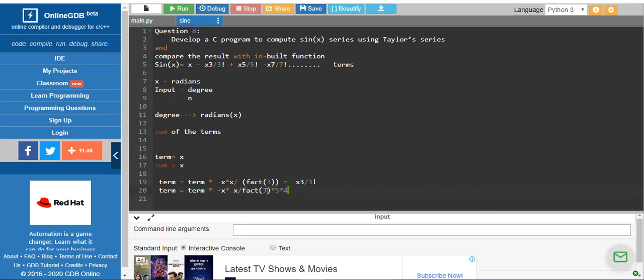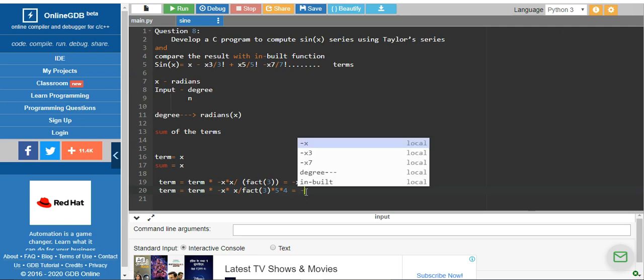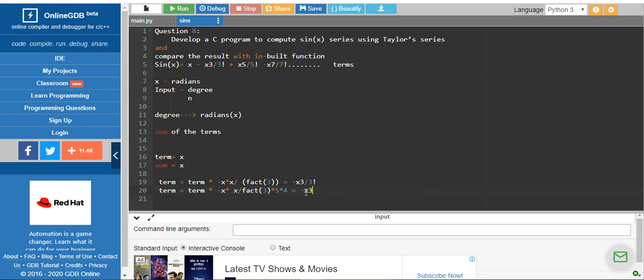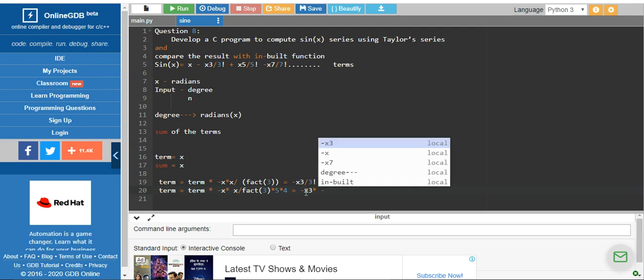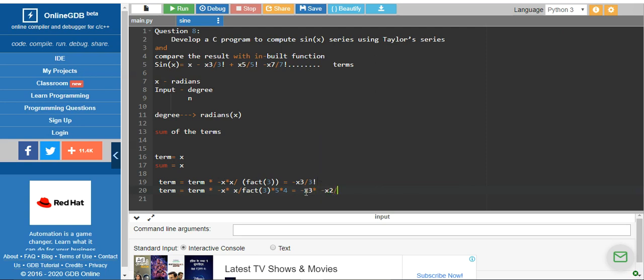You might be wondering how we directly took 5 into 4 into 3; we will see step by step. So the previous term is minus x cube, so minus x cube star minus x square divided by 5 factorial. Minus x cube into minus x square would be x to the power of 5. Did you understand here? x to the power of 5 divided by 5 factorial.